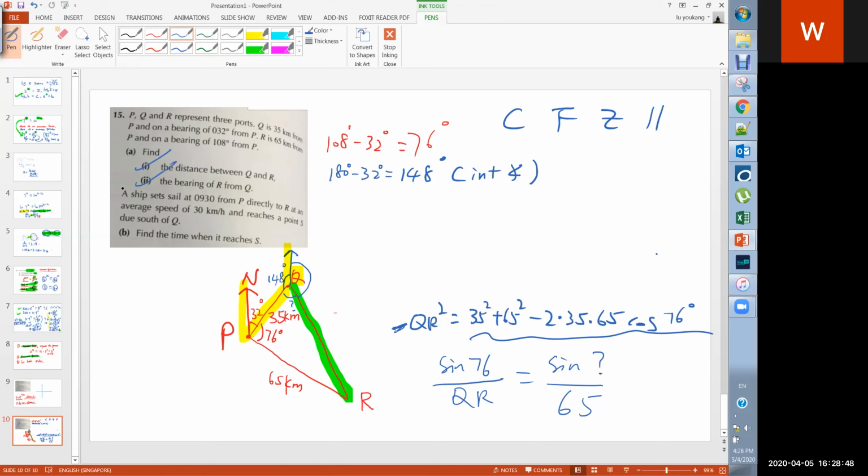Right now, a ship set sail at 9:30 from P. A ship here, 9:30. By the way, they are using the 24-hour clock. Directly to R means straight, at an average speed of 30 km per hour.